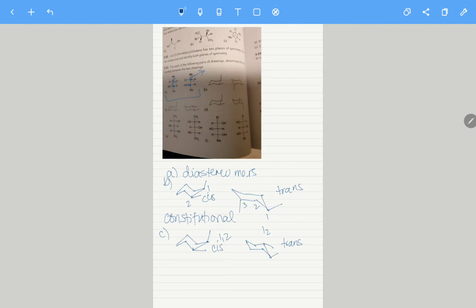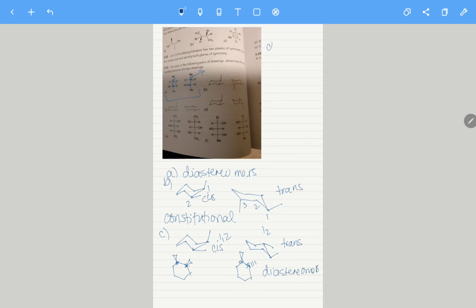They're not the same structure. We can redraw them, so if we had something like this, this one would look something like this. So they're not exactly the same. One chiral center is going to be the same, the other one is going to be different. So one center is the same, the other one is different. So these are diastereomers.